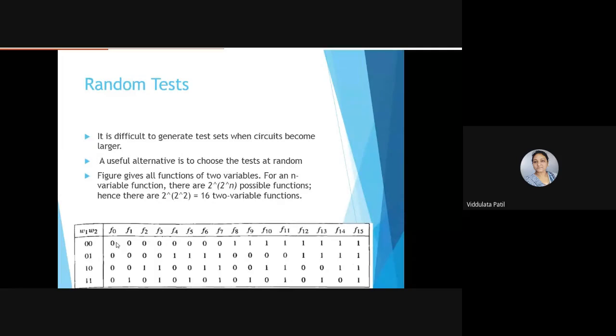But suppose W1 is 0 and W2 is 1, then this is another function, F1, and similarly it will be for all the functions. So this is the table for the 2 variable functions, showing how two variables have the different functions.